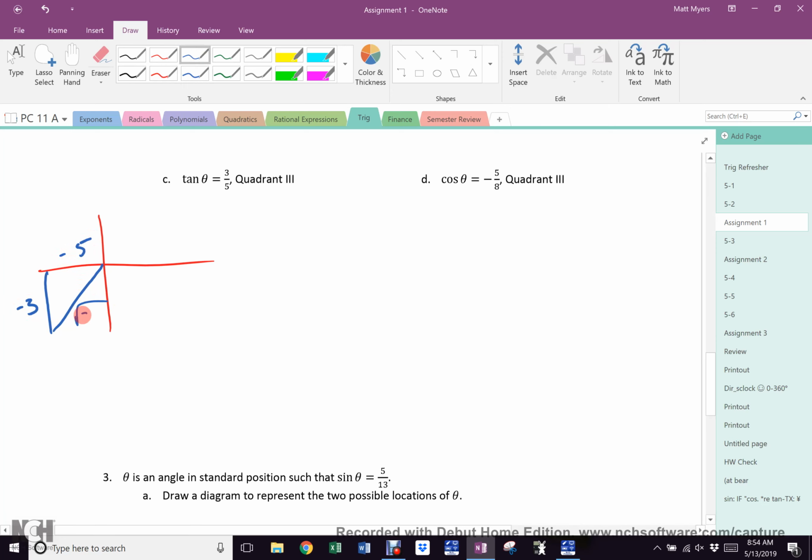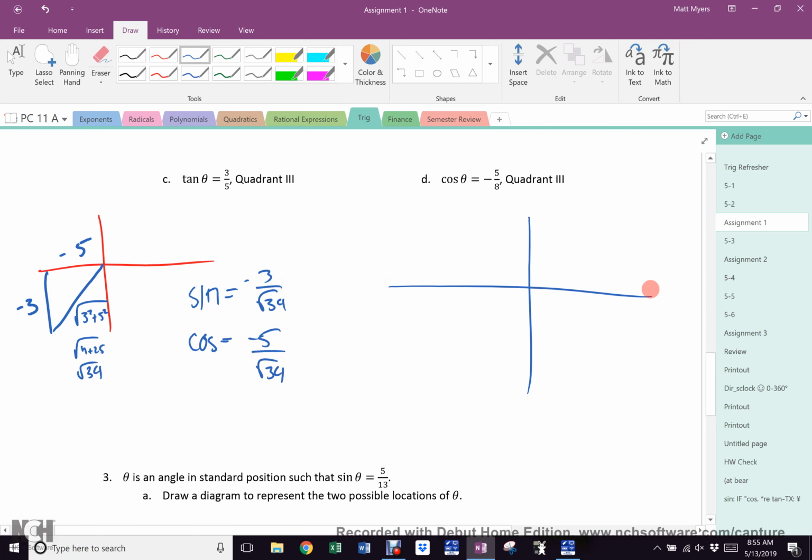That is the square root of 3 squared plus 5 squared this time, because I need the hypotenuse, which means the square root of 9 plus 25, which means the square root of 34. So my sine is negative 3 over root 34, and my cos is negative 5 over root 34.